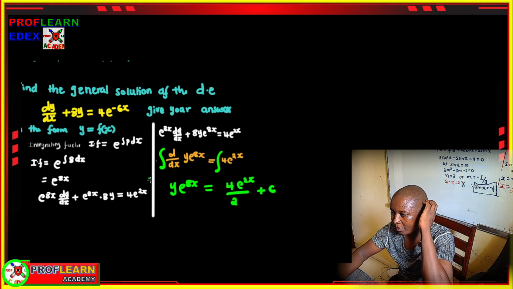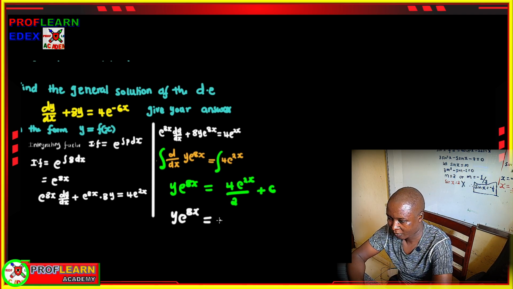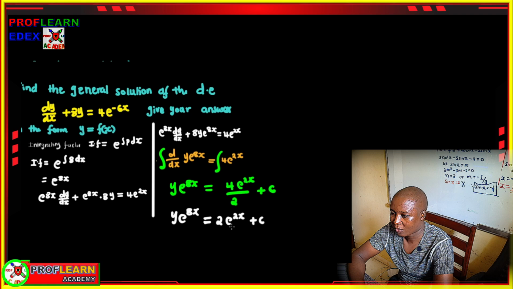And then we can simplify this part that we have, so that we can have y equal to e^(8x), 2e^(2x) plus c. Then we divide all through by e^(8x) so that we can simplify this.